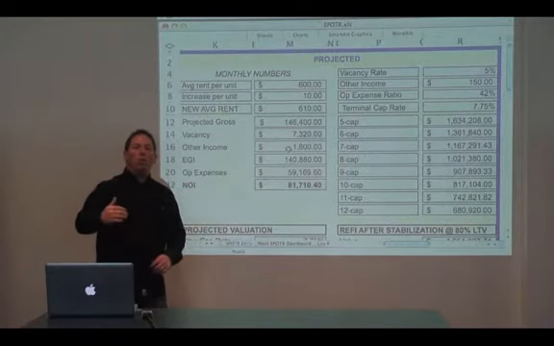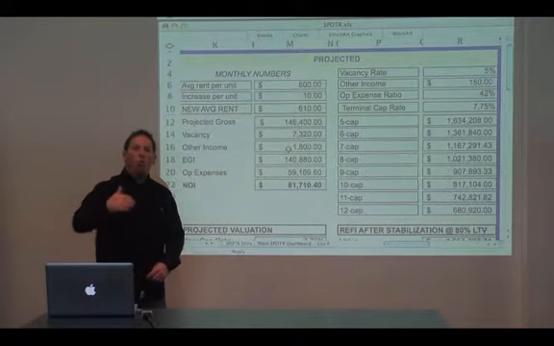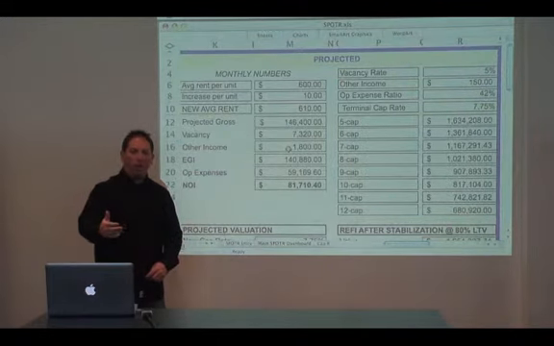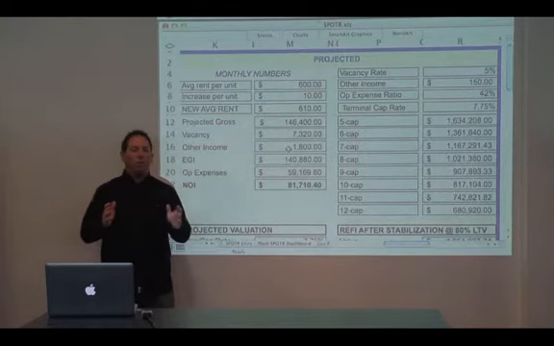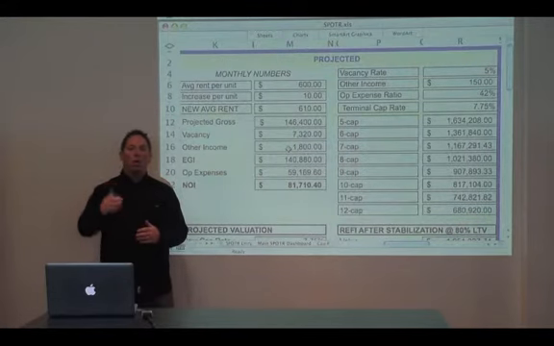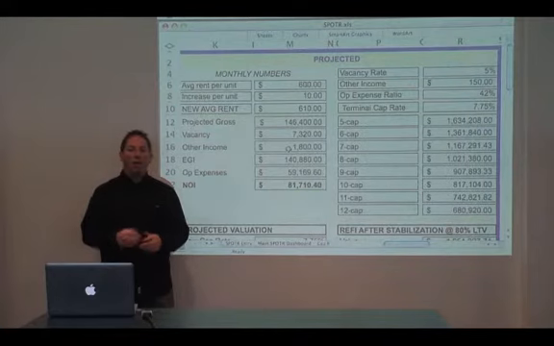What this means is this is where the property could go once we run the play. So you see we've adjusted the average rent per unit. It just happens automatically. The new average rent is $610. Remember, we increased it by $10. We've decreased our vacancy. We've edged up the other income, and we've brought down our operating expense ratio.